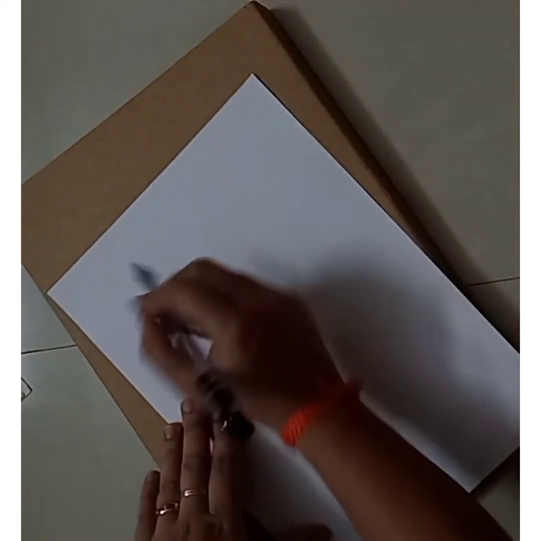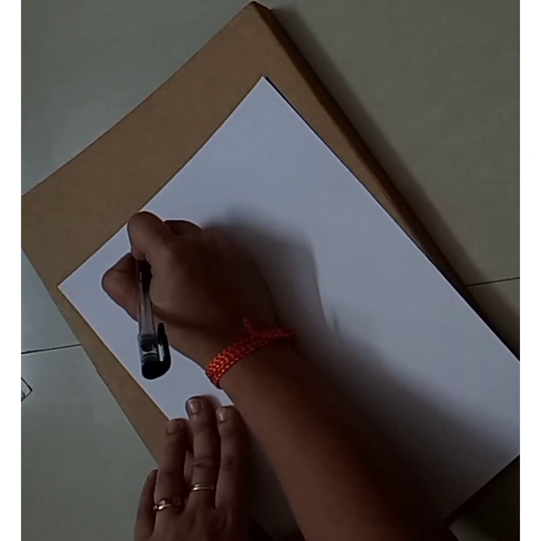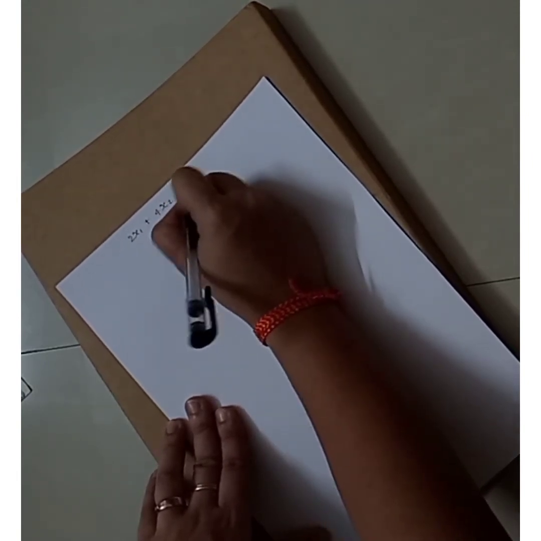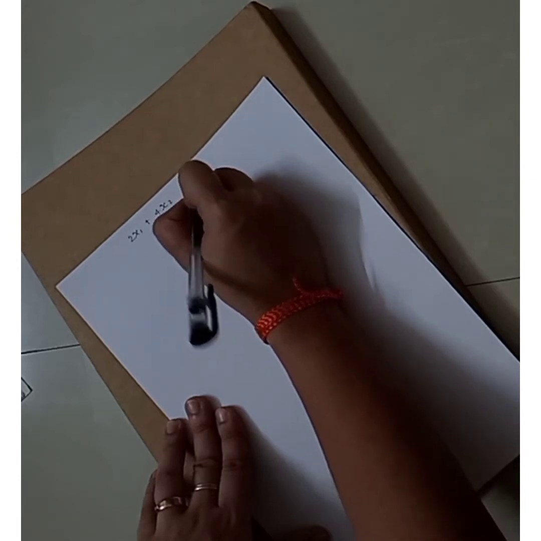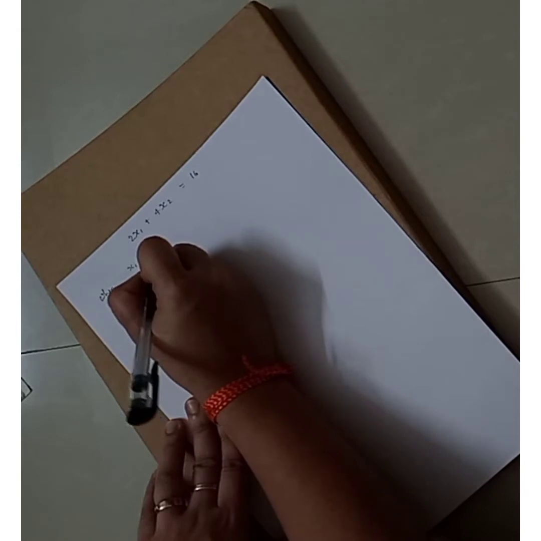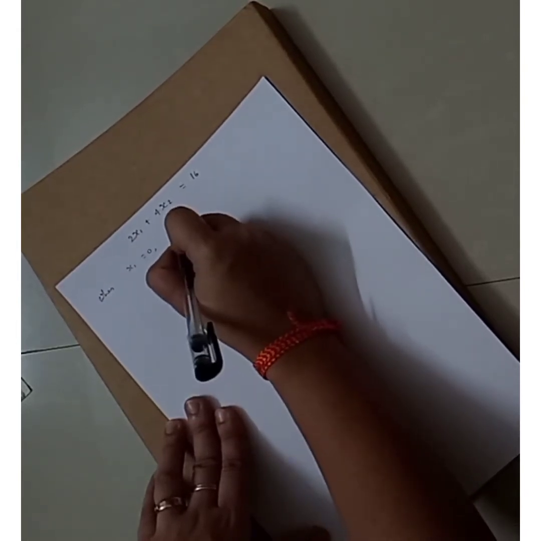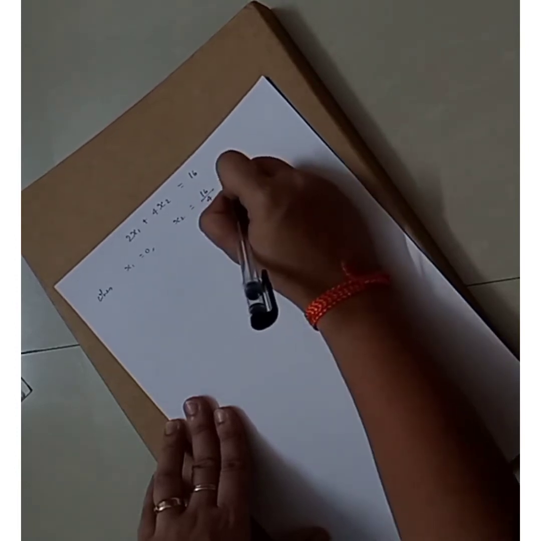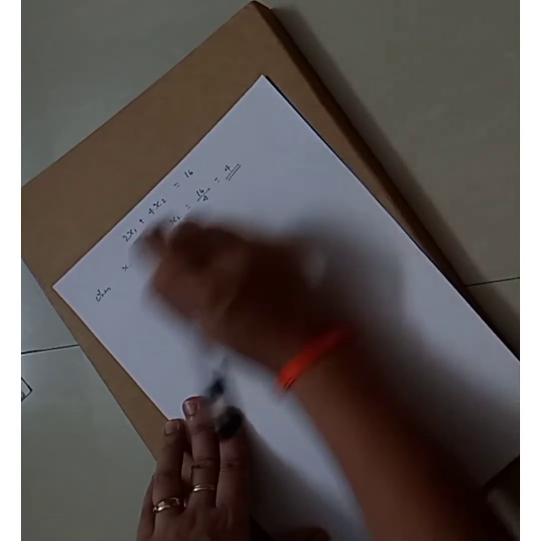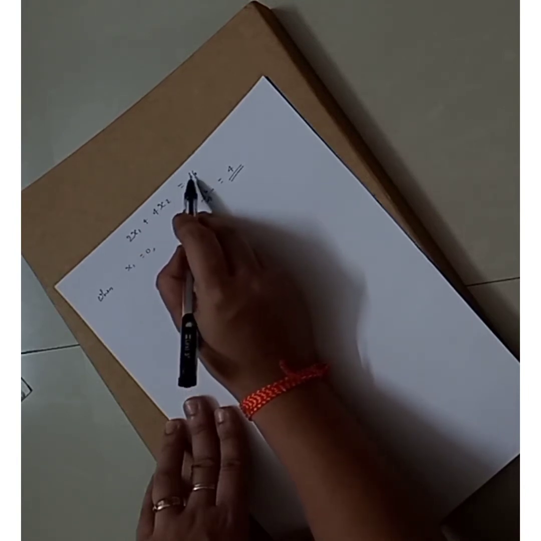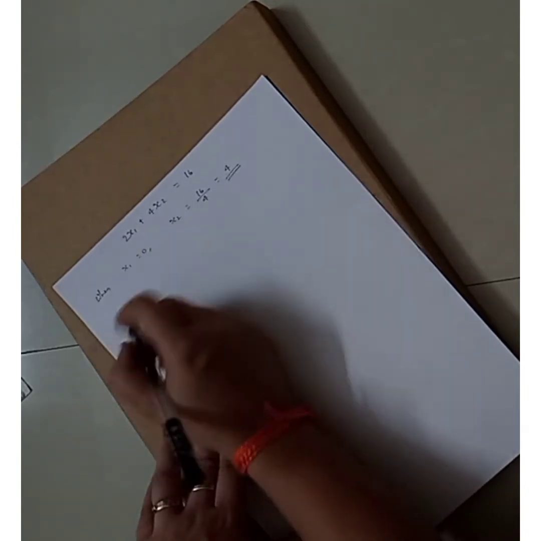Now consider the first constraint, 2x1 plus 4x2 greater than or equal to 16. I am putting it as equal to 16. When x1 is equal to 0, what will be x2? x2 will be 16 divided by 4, that is 4.